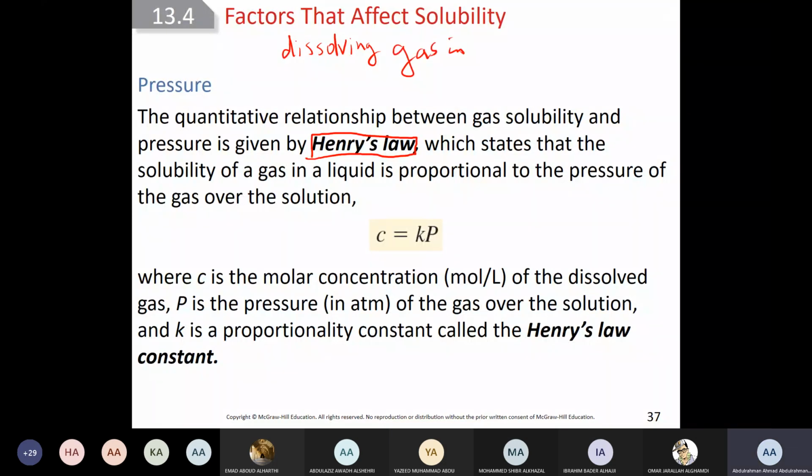Gas in liquid, or in water or whatever. That's what it's talking about. Henry's law talks about dissolving gas, and it says that the solubility of the gas, which makes the concentration, is related to what?